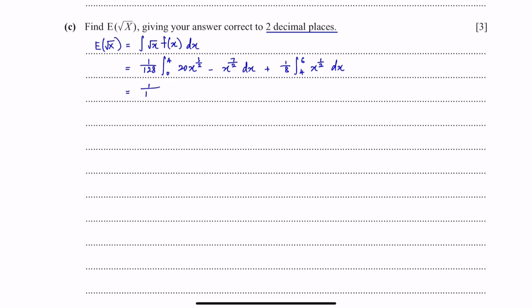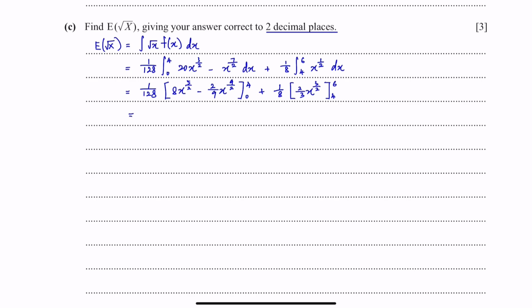So now I can start integrating. 1 over 128 times 8x to the 5 over 2 minus 2 over 9 times x to the 9 over 2 from 0 to 4, plus 1 over 8 times 2 over 3x to the 3 over 2 from 4 to 6.